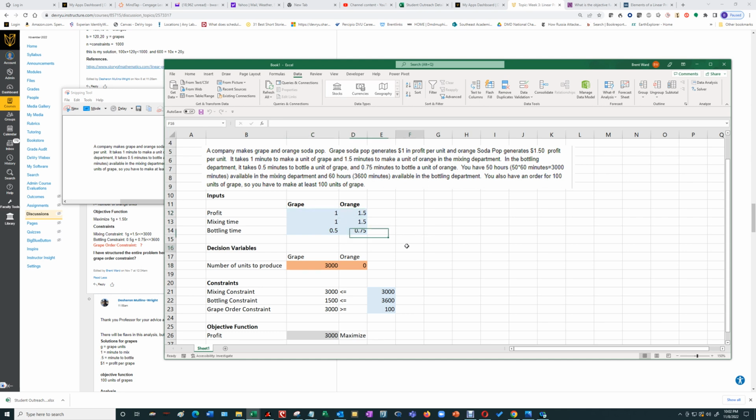I think the reason is that it takes so much less time to mix and bottle grape that we can make up that difference in profit by just making a lot of grape. It'd be almost like the profit per minute is higher for grape than it is for orange because it doesn't take as long to make it. And then that would be our solution.